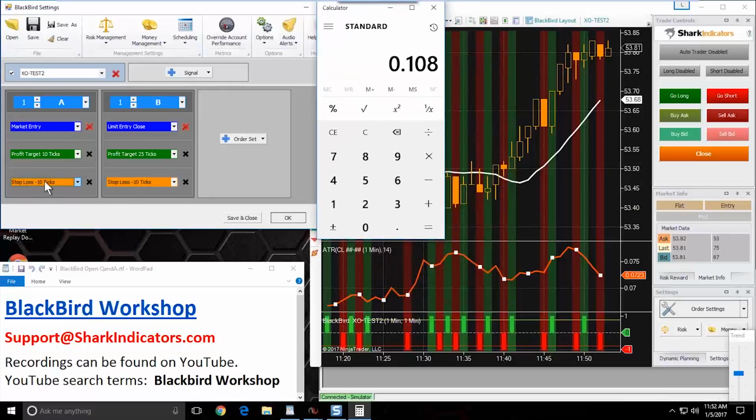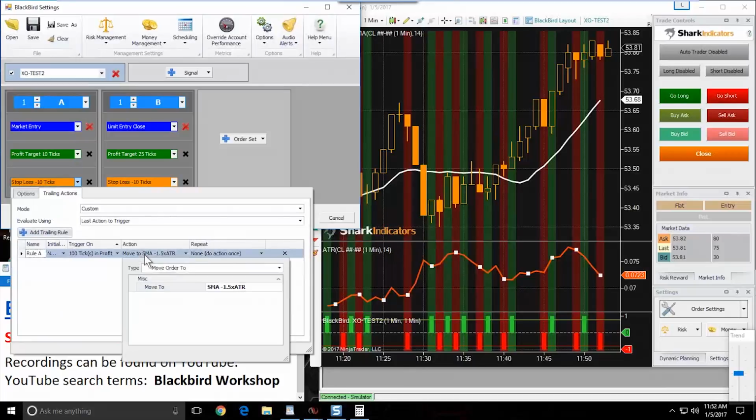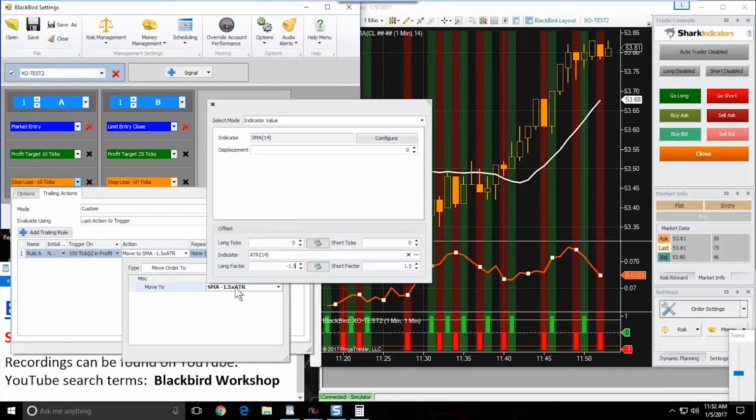So there we go. Open this all back up. So if we took the ATR and we did a long factor of 1.5, then that equates to an 11 tick offset. Again, what we're doing is taking the value of the ATR and multiplying it by 1.5.